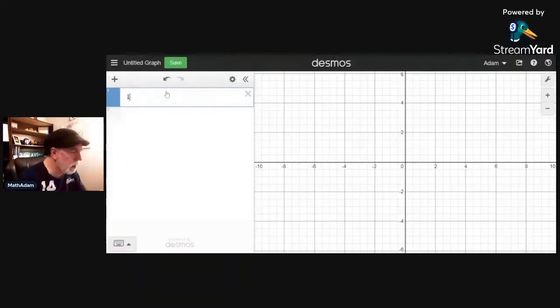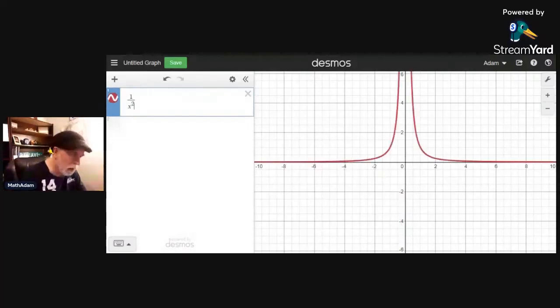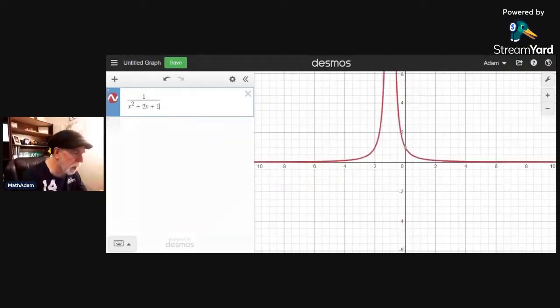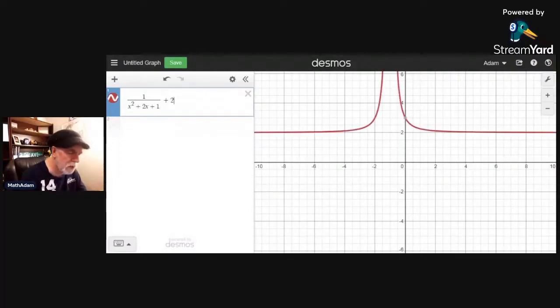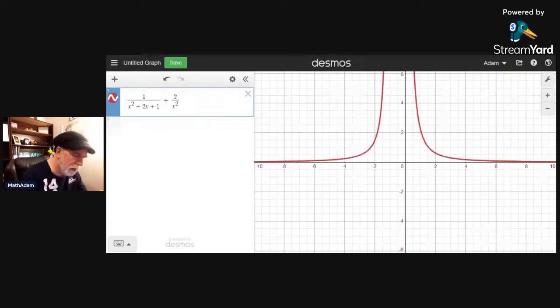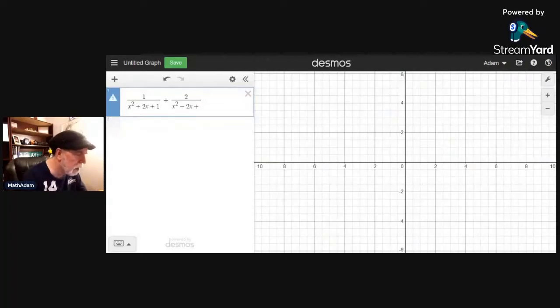Okay, so we've got 1 over x squared plus 2x plus 1, minus... it just feels different from when I checked this earlier... plus 2 over x squared minus 2x plus 1. Oops. Okay, that looks okay.